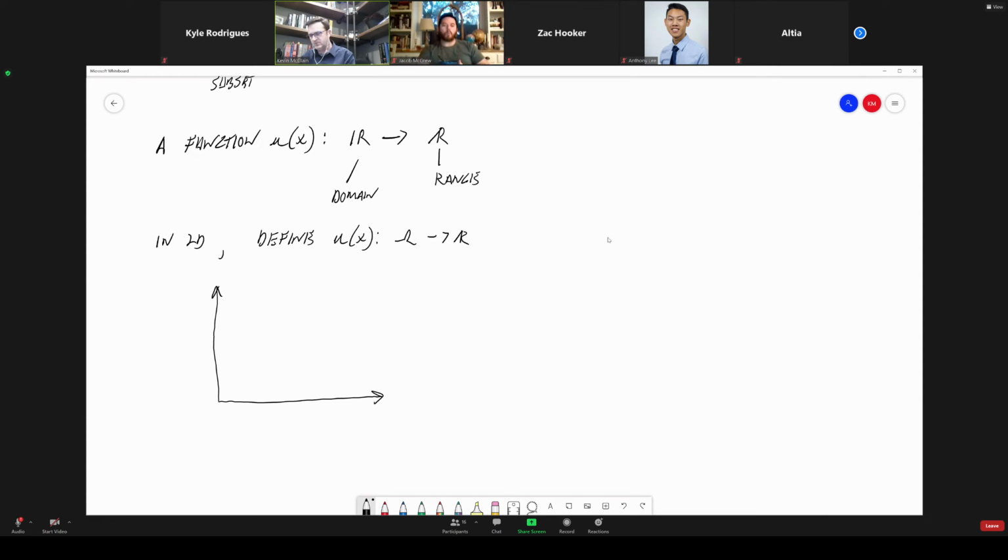So let's call this x and y, I guess. That's an element. This coordinate here is 1, 1.